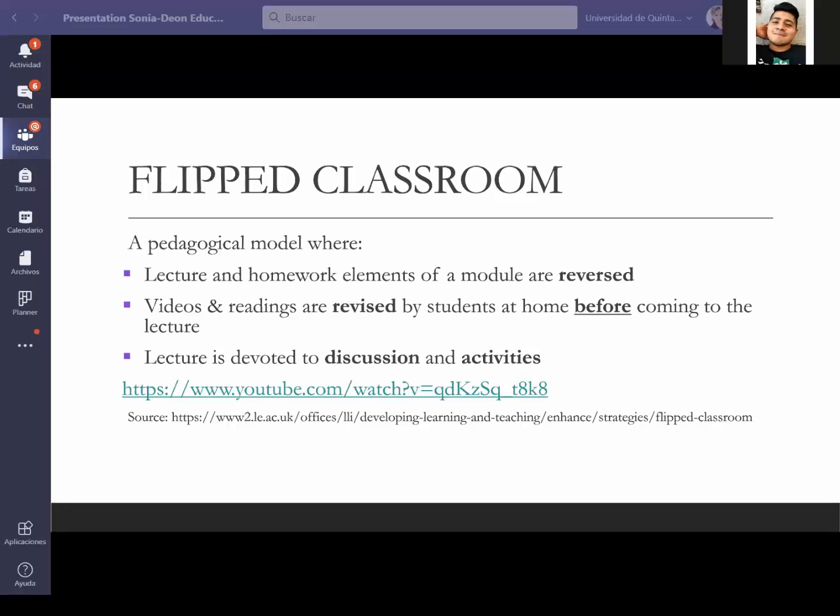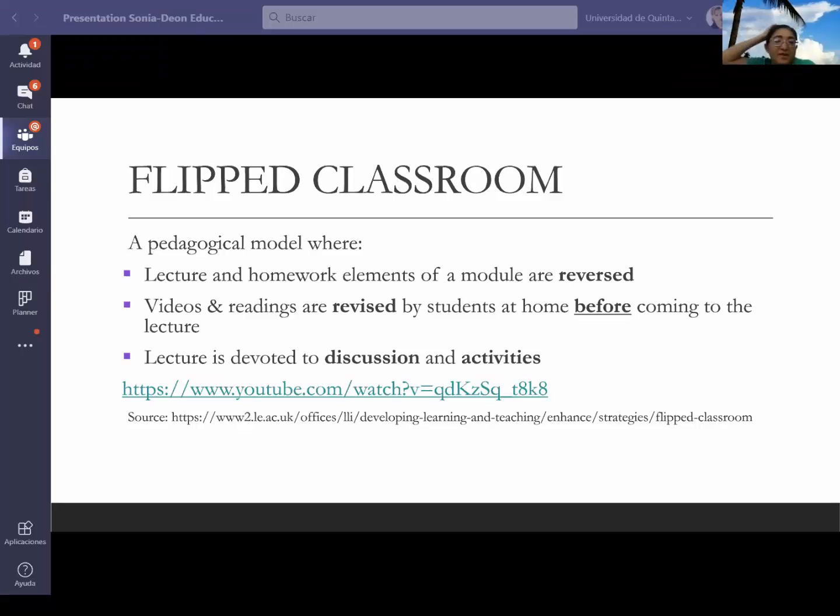So I think it is something that we as teachers have to have in mind, to consider other options to do in the class if this happens in our teaching practice.